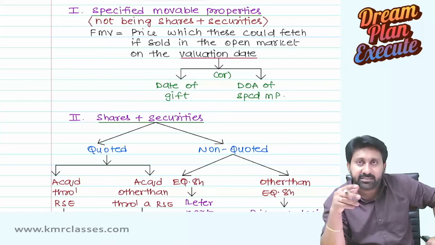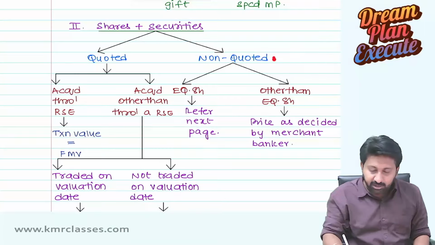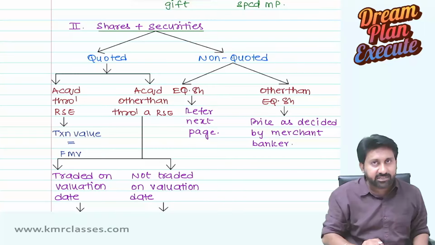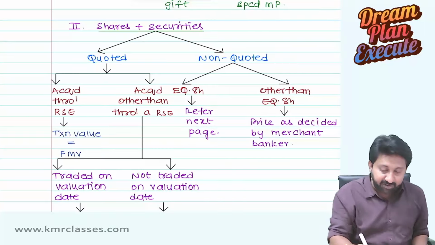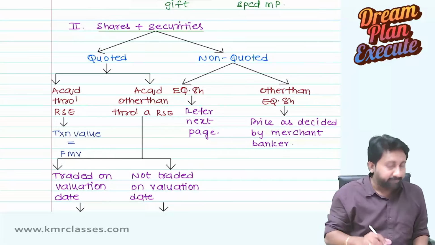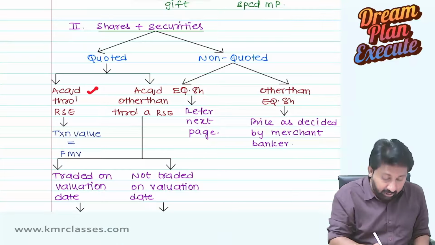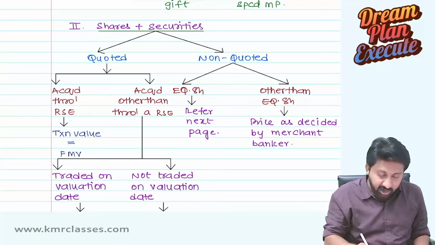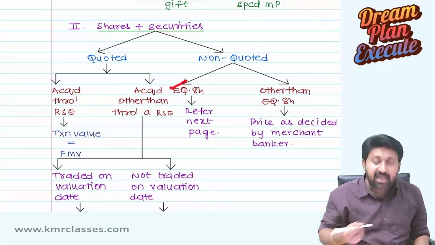quoted shares and securities, and non-quoted shares and securities. What do you mean by quoted? Listed on a recognized stock exchange. Non-quoted means not listed on a recognized stock exchange. If the shares and securities gifted are quoted, then again there are two situations: how you acquired them, through a recognized stock exchange or other than through a recognized stock exchange?